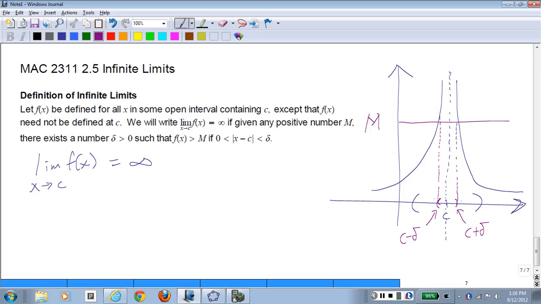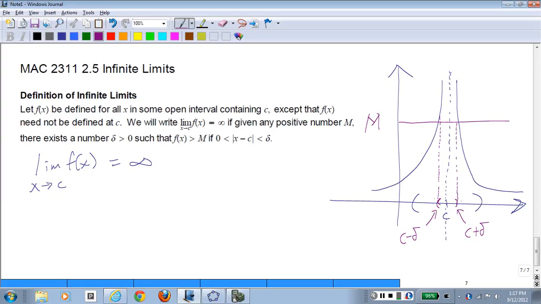So I just want to make sure that as long as I'm close enough to c, if I evaluate the function anywhere in there, it's going to hit above that horizontal line. If I move the horizontal line up higher, then I might have to shrink the interval around c, get closer and closer to c, so that it's going to be higher still. So as a rule, the higher the m goes, the smaller delta has to be.